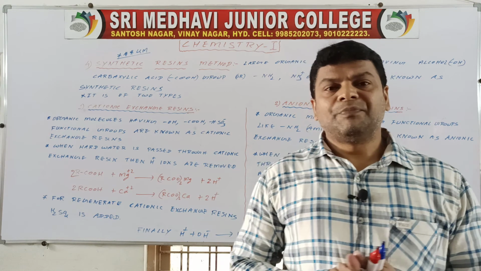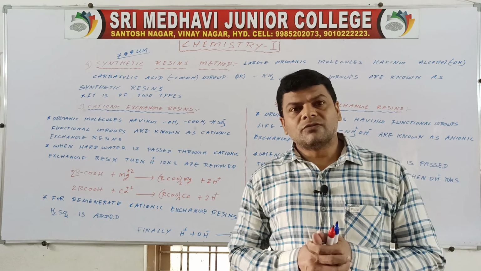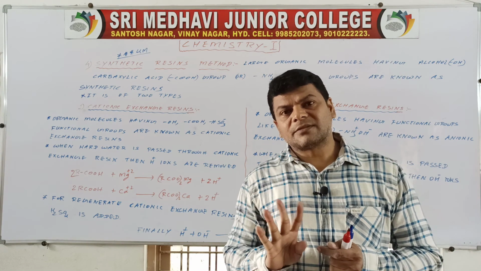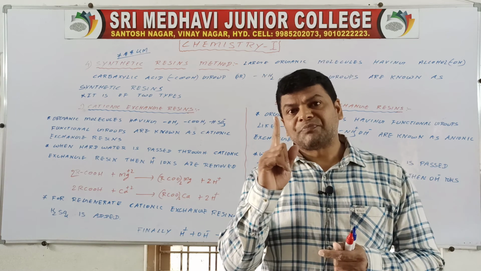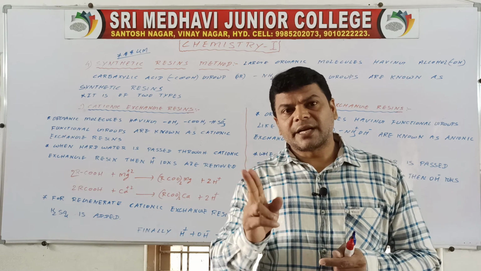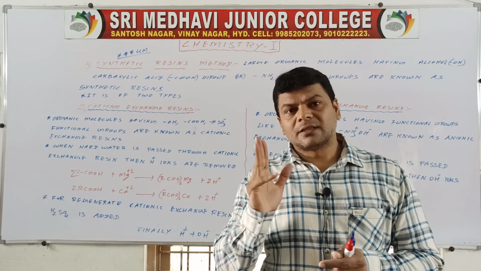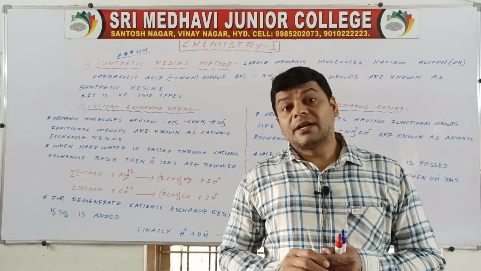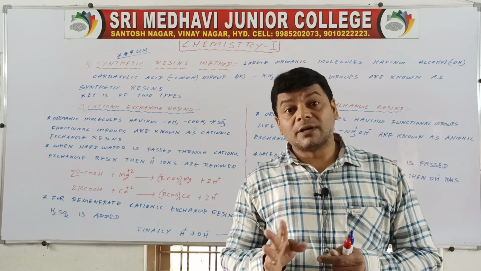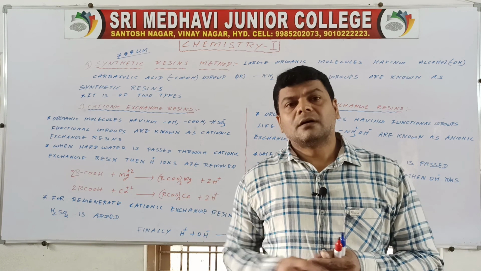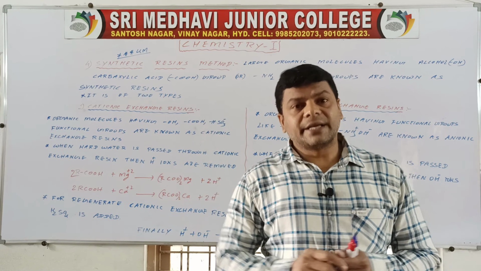So you have to know finally how many methods for removing permanent hardness from water. First one with washing soda, second one Calgon method, third one ion exchange method, which is the permutit process, and fourth one synthetic resin method.